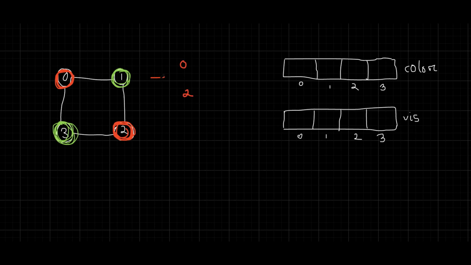If we reorder this graph into this form, which is 0 to 1 and 3, we can see that nodes 0 and 2 will be in the red color and nodes 1 and 3 will be in the green color. So 0 is connected to 1, 0 is connected to 3, 1 is connected to 2, and 2 is connected to 3.